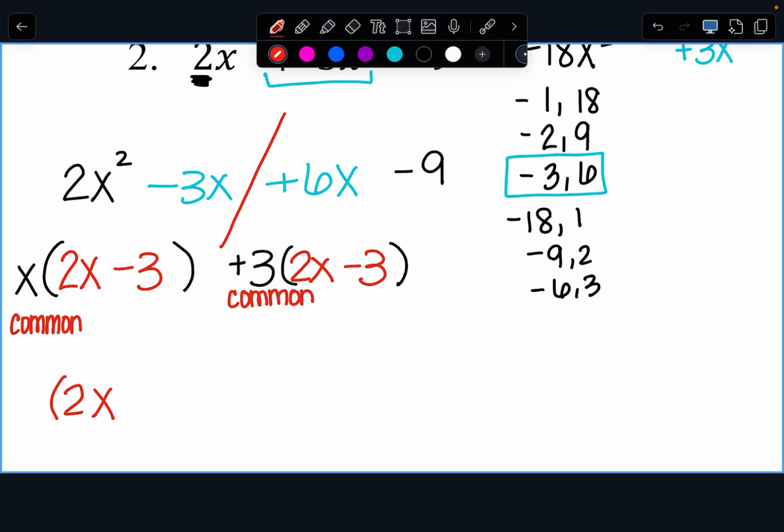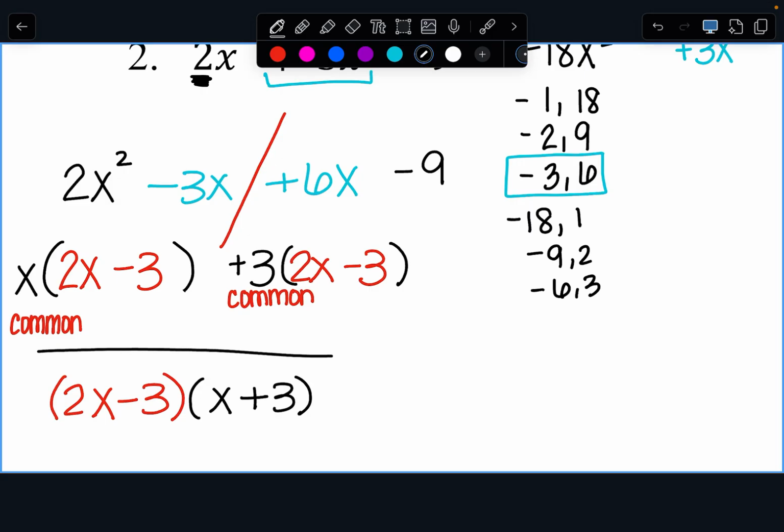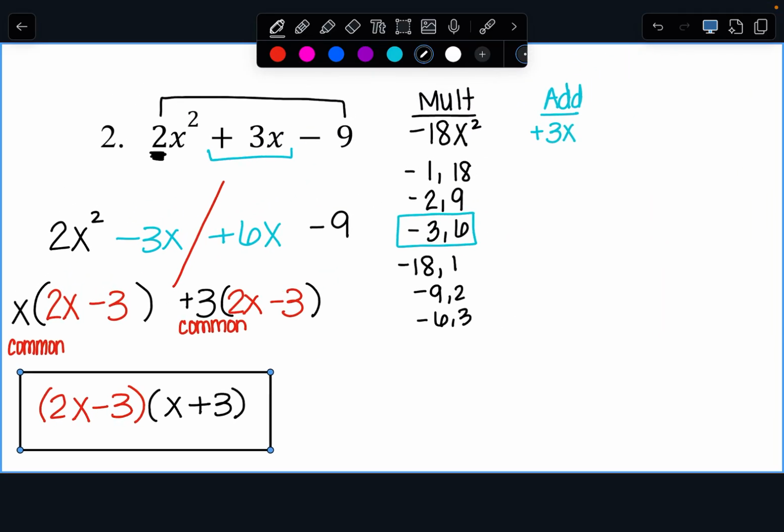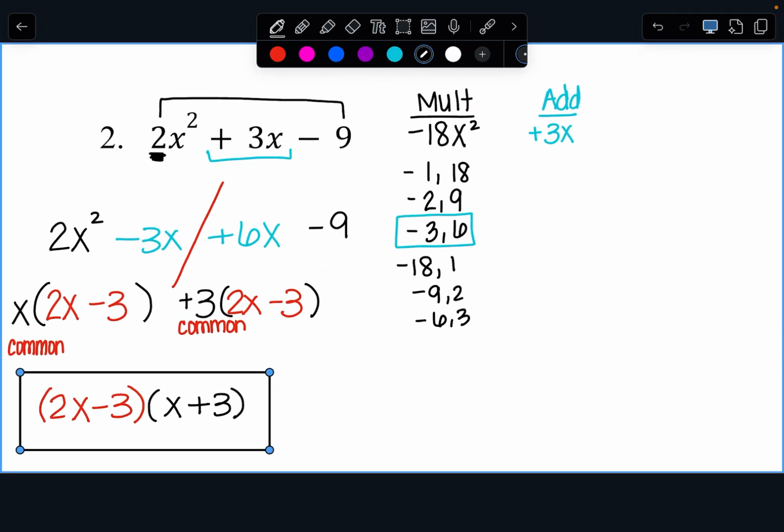So we have 2x minus 3 and x plus 3. The more we do this process, the easier it will become.